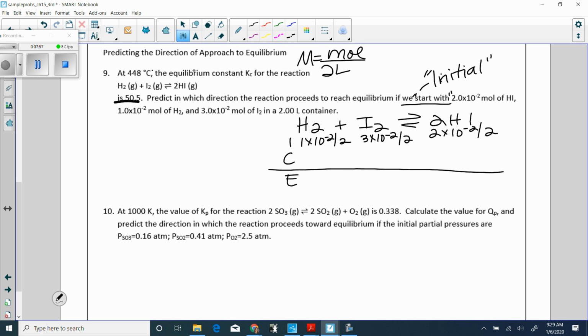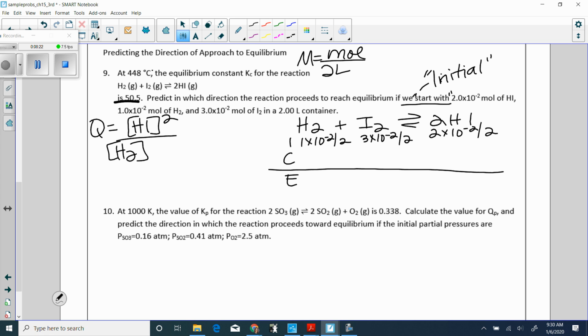Our next step would be to do our plus x's and minus x's, but see, we have no zeros. So we can't do our disappear up here that easily. That's how we know we have to solve for Q. Q is going to tell us what side is plus x's, what side is minus x's. Our equation is our products over our reactants.